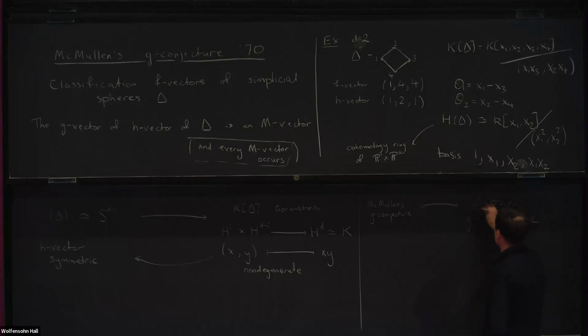So this was the actual thing that was proved, and it implies McMullen's g-conjecture. And it states that there exists a choice of K, my field, and a choice of my linear system of parameters, so that this ring has a Lefschetz element.